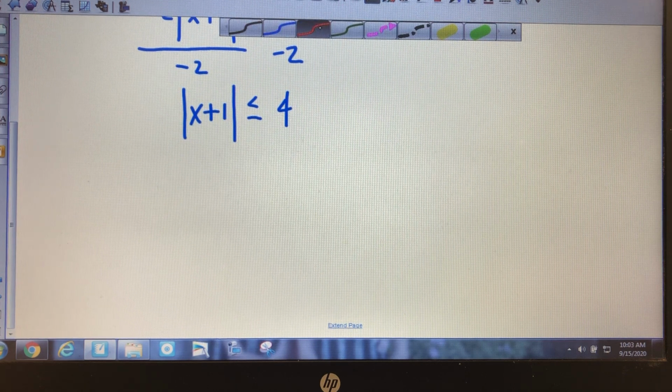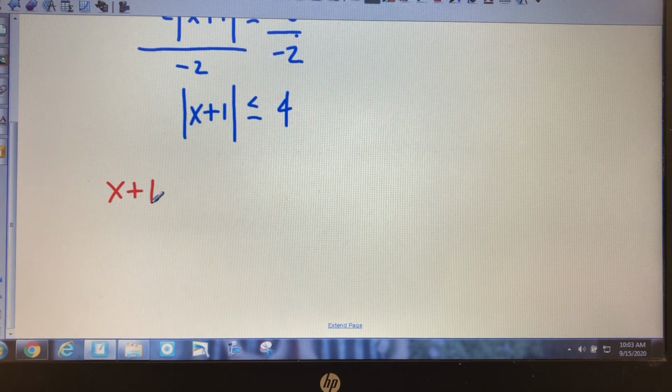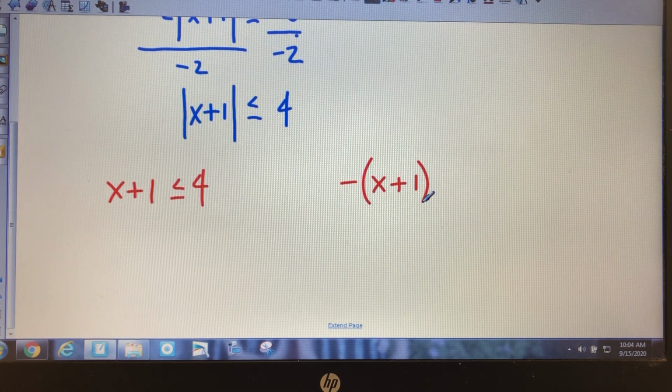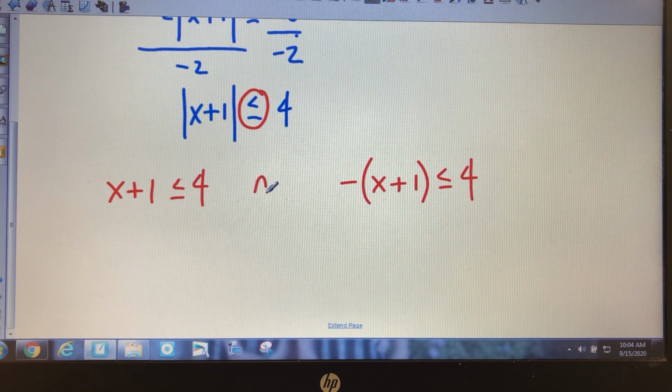So we're going to say the inside is less than or equal to 4, and then the opposite of the inside is less than or equal to 4. Now the keyword here, look at your inequality, is "and." So very important that we understand how to get that keyword. So it's going to be this and this, so it has to satisfy both of these conditions, as you will find out.